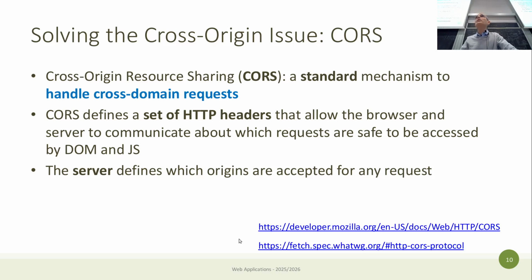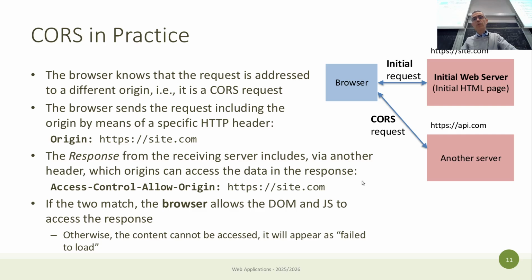In short, it is a set of HTTP headers that allows the browser to understand what is actually allowed or not in terms of accessing the response from servers which are not the one from which you started, so from different origins. Actually, it's up to the server that you contact, the new server, not the one from which you started, to define which origins are accepted for the requests. Okay? I think there is a picture, yes.